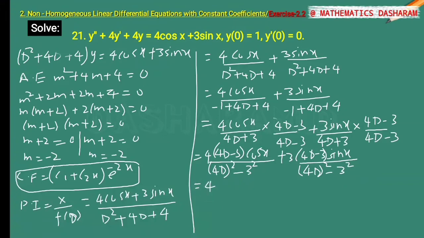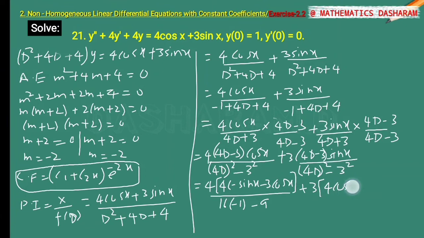4 into 4D cos x means 4 into the derivative of cos x, which is minus sin x, minus 3 cos x, divided by 16D square minus 1, minus 3 square is 9, plus 3 into 4D minus 3, 4D into sin x, 4 into cos x, the derivative of sin x is cos x, minus 3 sin x, divided by 16 into D square minus 1, 3 square is 9.